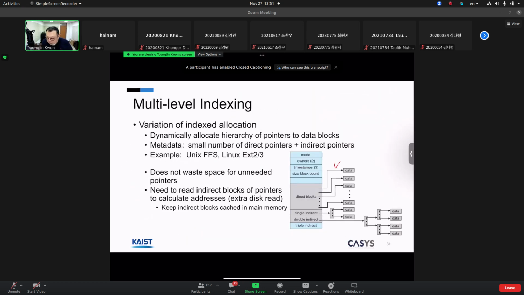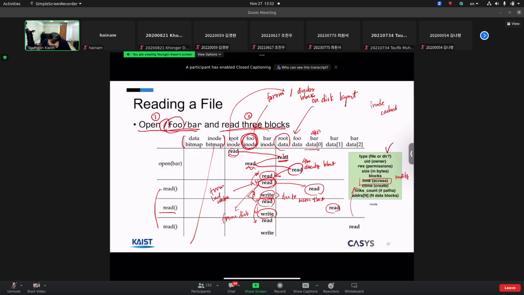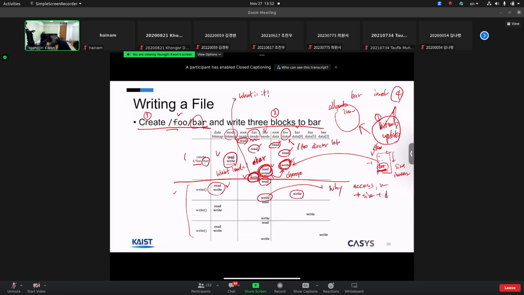New data blocks are allocated, so the direct blocks are updated. Access time, modification time, size, and direct block information are changed.